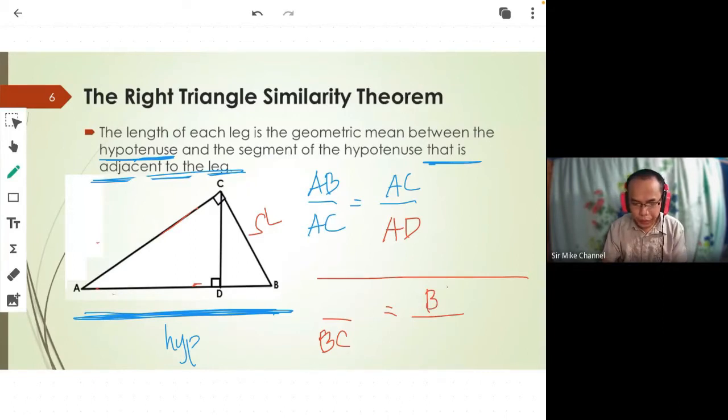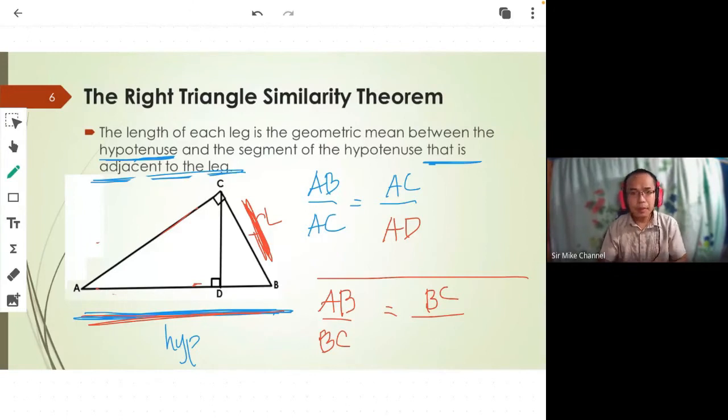And then, ano yung hypotenuse natin? Yung pinaka-total, ito. Hypotenuse, ito yung line segment AB. Tapos, adjacent which leg? Ito yung leg natin. Ano yung adjacent segment niya? Ito yung line segment B. Okay, so ito na yung pinaka-formula natin.